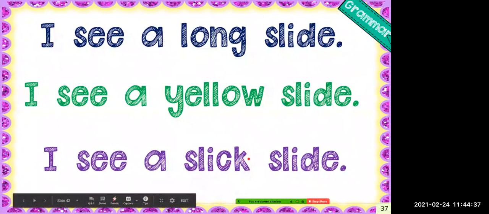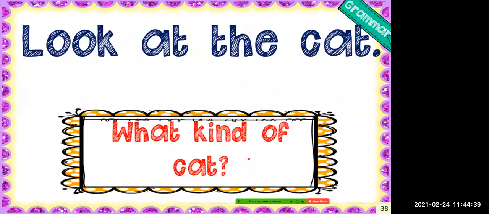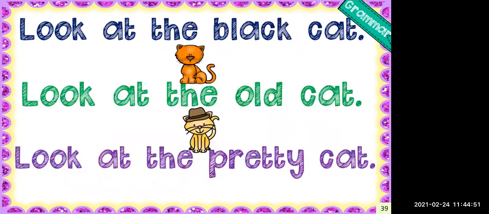Look at the cat. What kind of cat? Look at the black cat. Look at the old cat. Look at the pretty cat. What is the adjective in the first sentence that describes the cat?